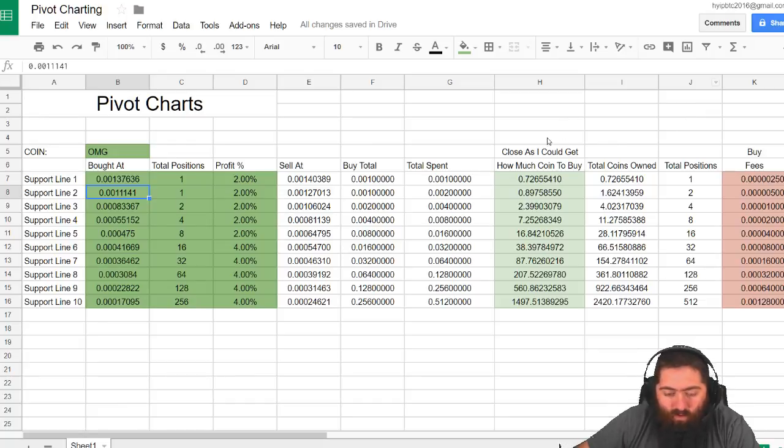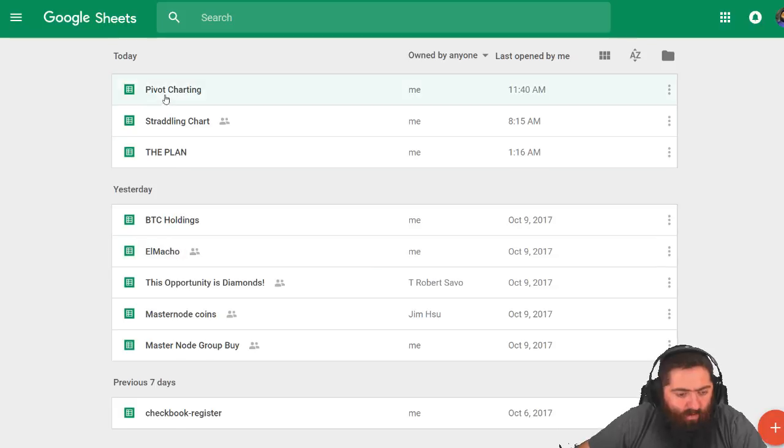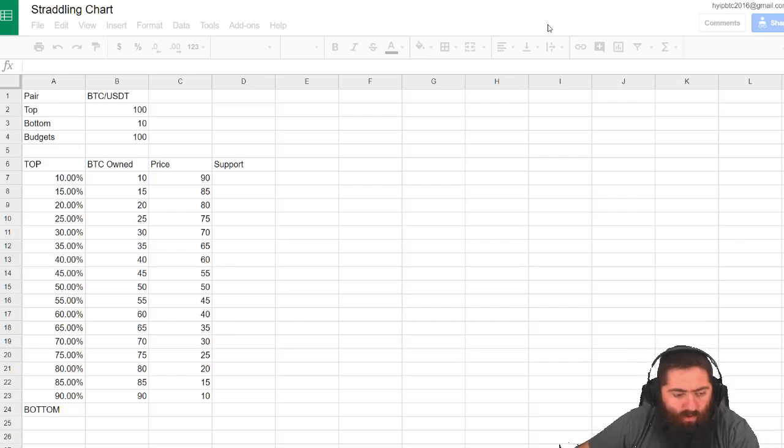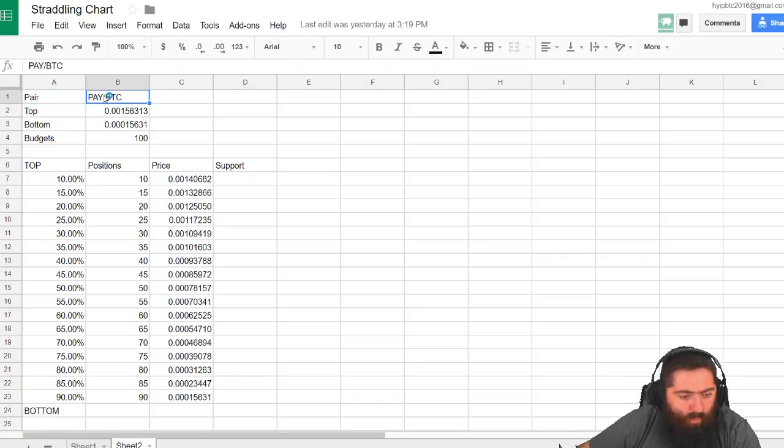Alright, so let's go back to the 50-50 and the straddle. Let's do this. So there's the pivot chart, straddle chart. We'll change the straddle to OMG.